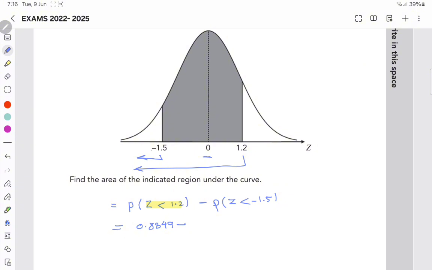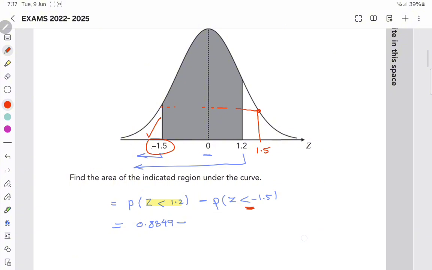Here the value is negative, and everyone knows that if you have a negative, we use symmetry. And in symmetry, we change the area. Here z less than negative 1.5, so I need to find that white area. In symmetry, the value changes from negative 1.5 to positive 1.5. Also in symmetry, we get the reverse area, so in the opposite direction, it will be on the right.